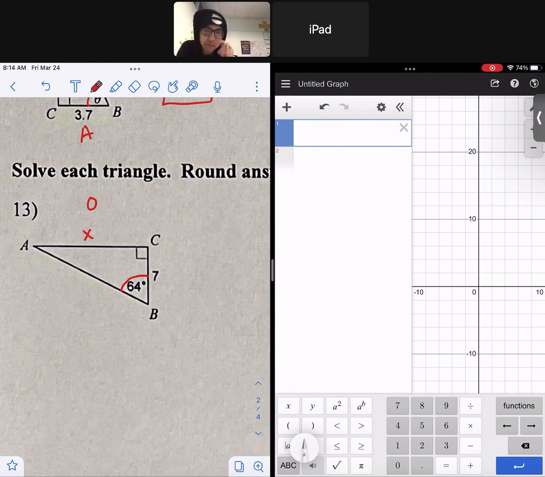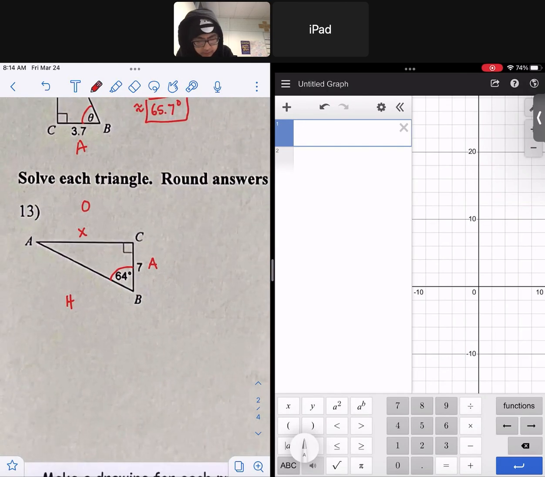So there's x. So that's the opposite. This is hypotenuse, this is adjacent. So to find our x, you guys, we're going to use tangent. Tan 64, I'll do it down here. It's probably better.